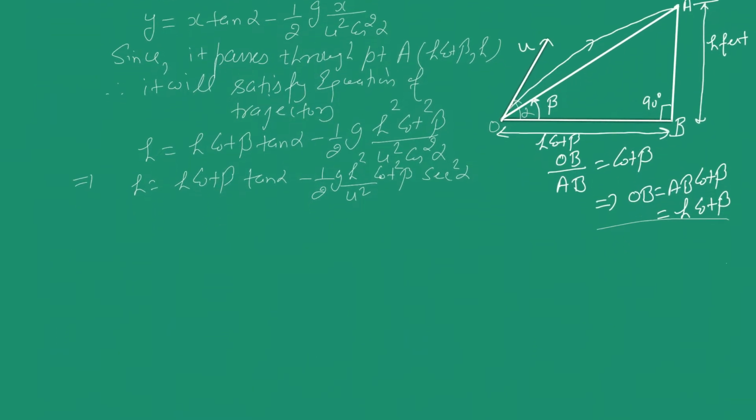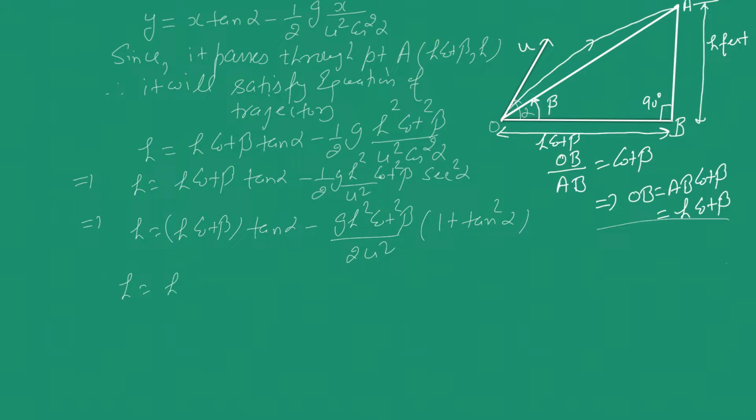This further implies h is equal to h cot beta tan alpha minus g h square cot square beta by 2 u square, times secant square alpha, and secant square alpha is 1 plus tan square alpha.